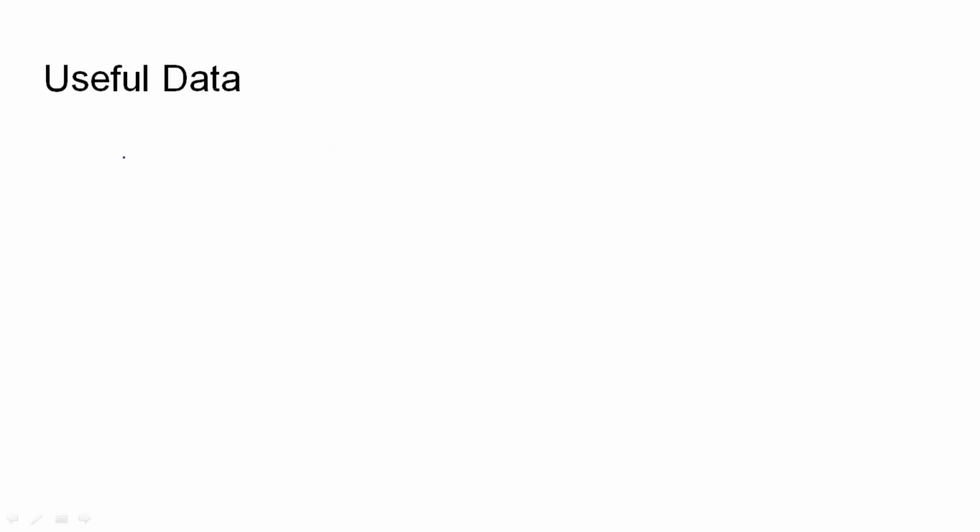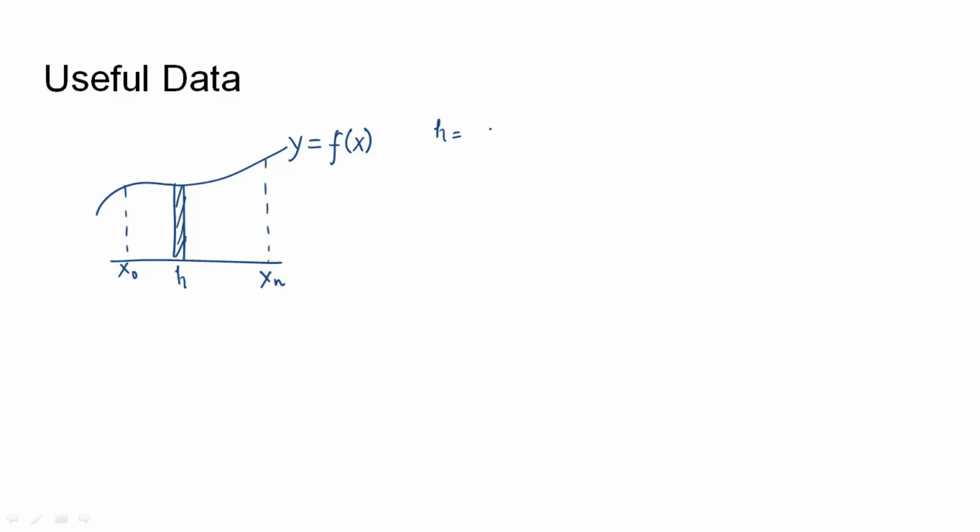Coming to the useful data, if this is a curve which we can indicate by y equals f(x), and we need to find the area under this curve from a point x0 to a point xn, what we will do is take a small element of thickness h, which can be found out by (xn minus x0) divided by the total number of intervals that we want to consider.